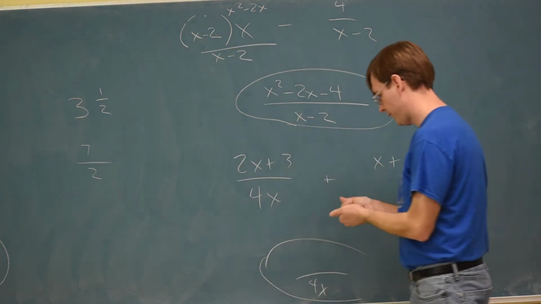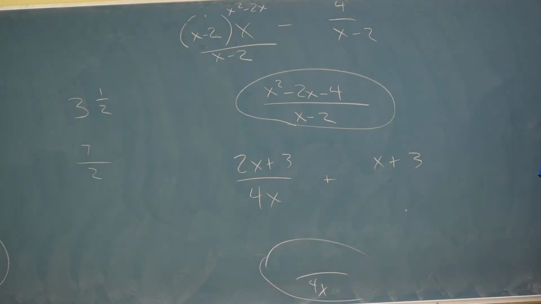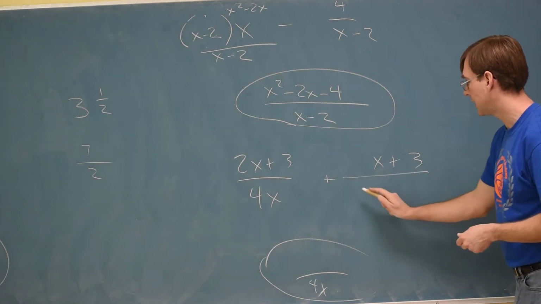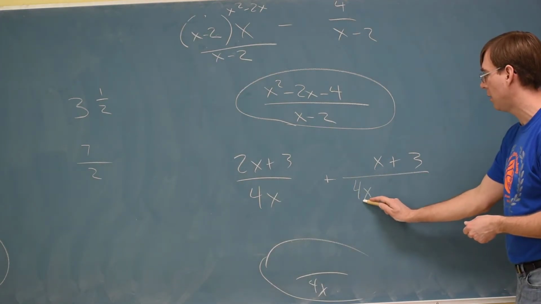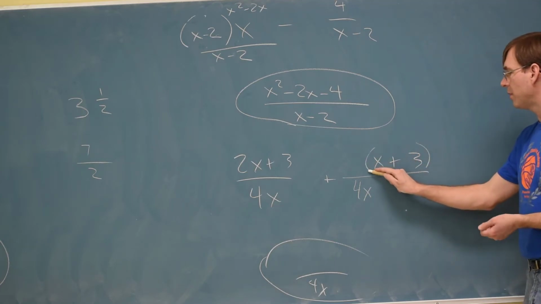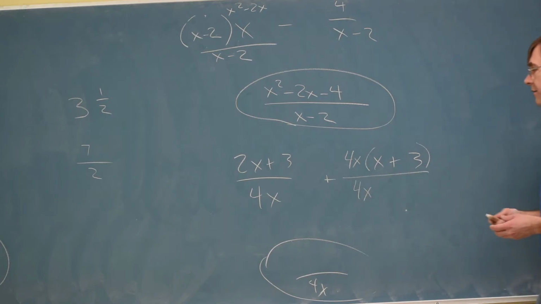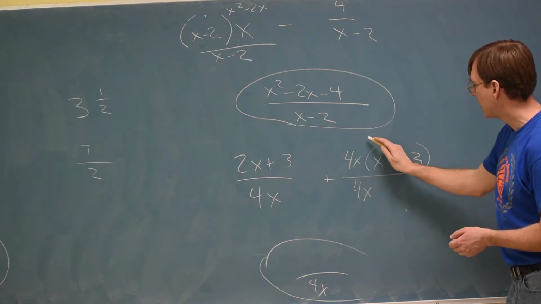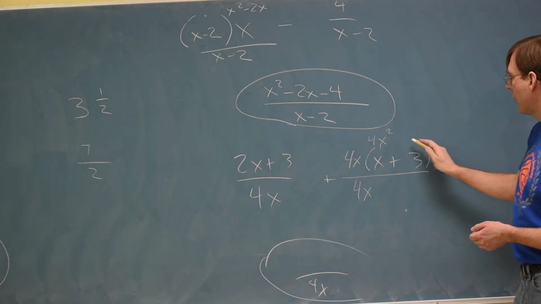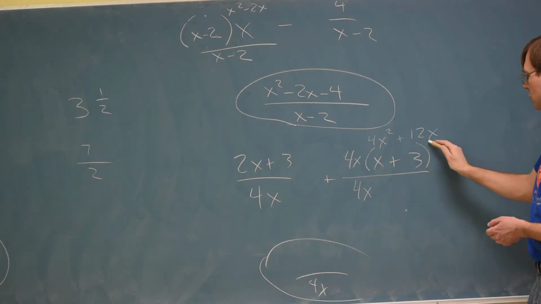For this problem, we can see the 4x on the bottom. So we need this piece to gain that same 4x on the bottom. The top invisibly has parentheses already, and let's have it gain the 4x. Do a distribute so we can get out these pieces. That would be 4x squared plus 12x.